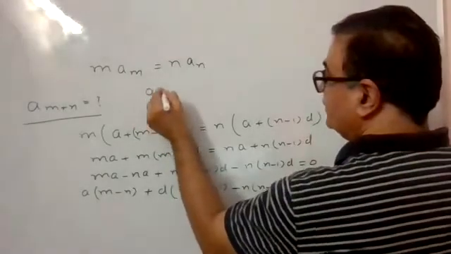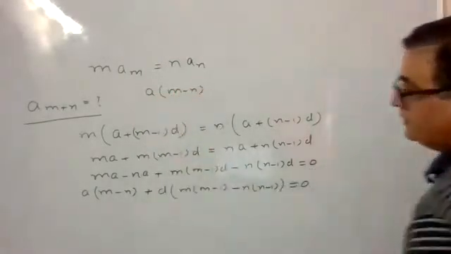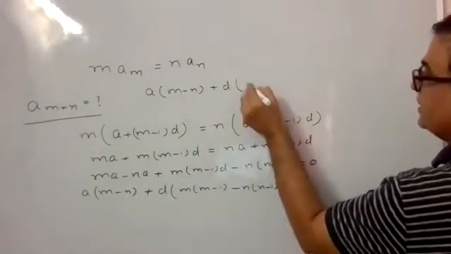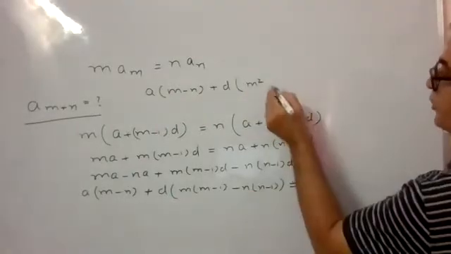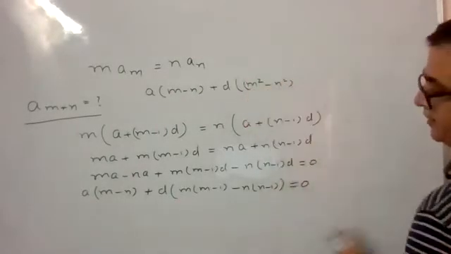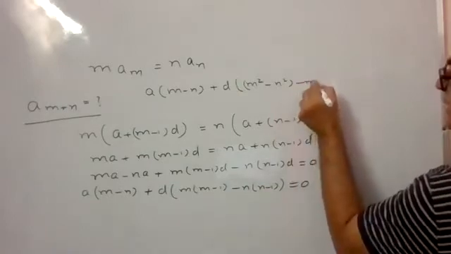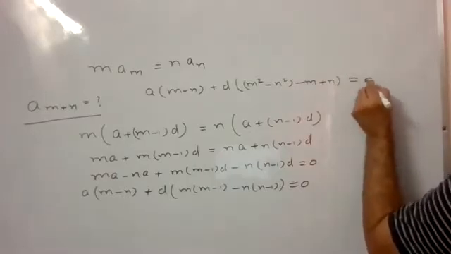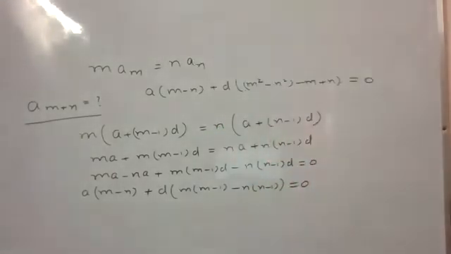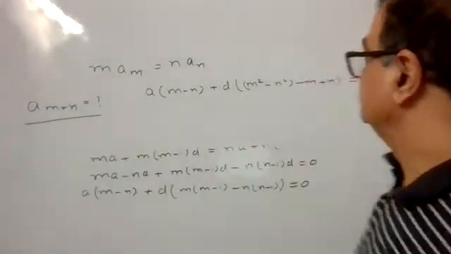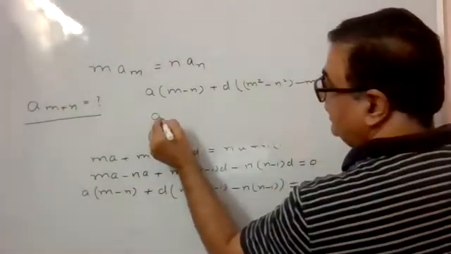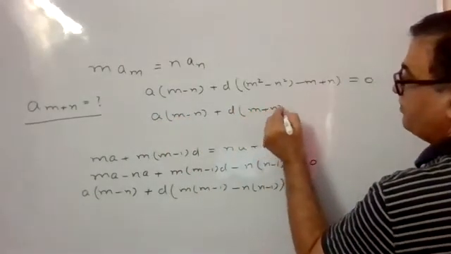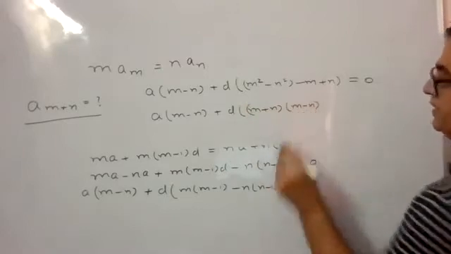Now when you solve it further, a times m minus n plus d times, it will come out to be m square as the first term. From here n square is coming, so I'll take this as minus n square. Then minus m plus n equals 0. Then you can write a times m minus n plus d times, you can write this as m plus n into m minus n.